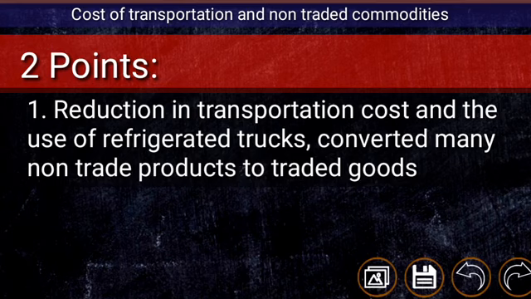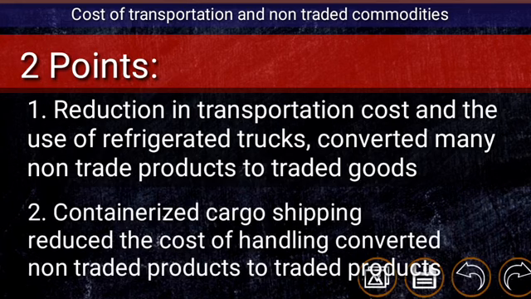For example, fruits and vegetables were not traded internationally in the initial period of trade, but later when technology developed and there was a drastic decrease in transportation costs, these fruits and vegetables came into the list of traded goods. That is, non-traded vegetables and fruits became traded goods.